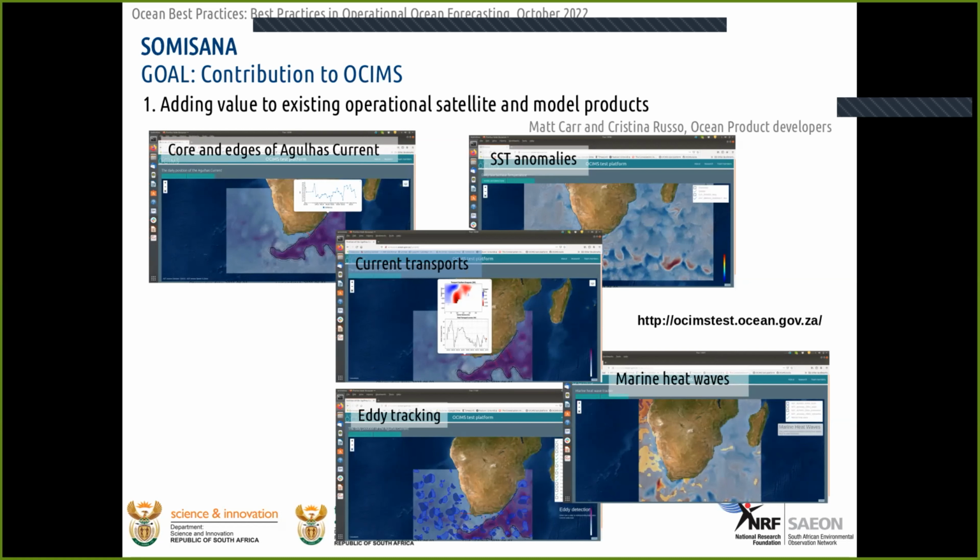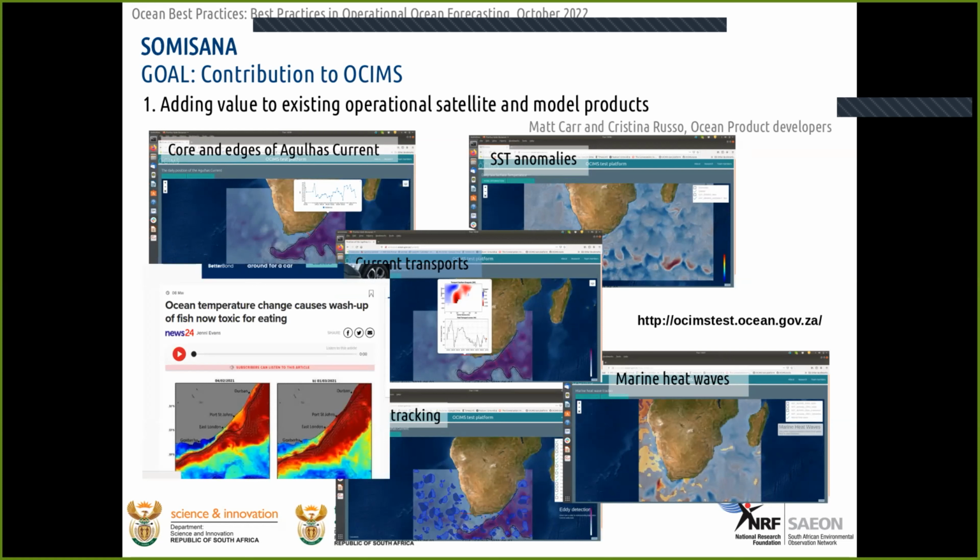These tools are being disseminated operationally and are freely available to all users, and in fact have already been utilized in a relatively high profile marine heatwave event in which a number of species washed up off our east coast because of thermal shock. So this is the low-hanging fruit for us, and for the operational model and satellite information that we get from CMEMS, we are really grateful.